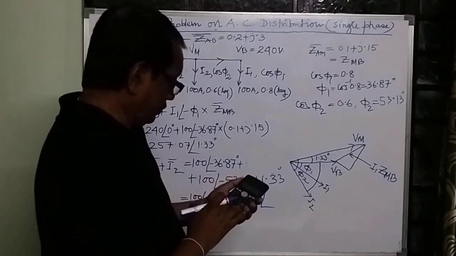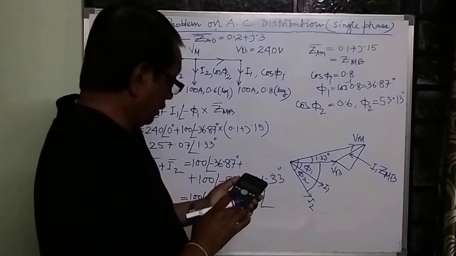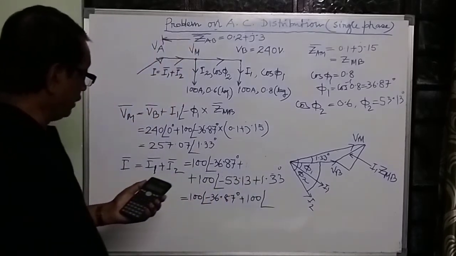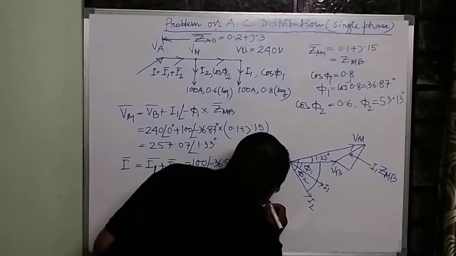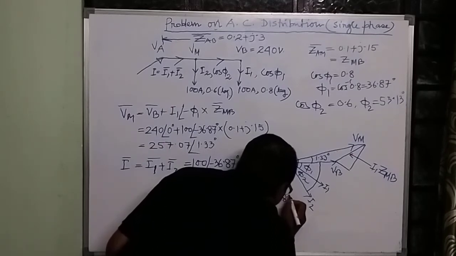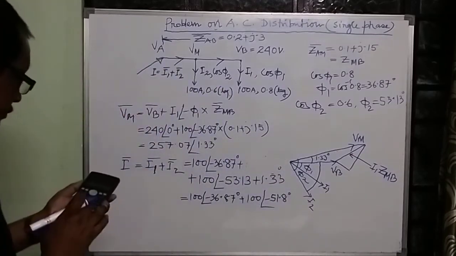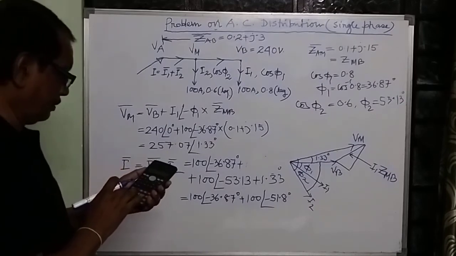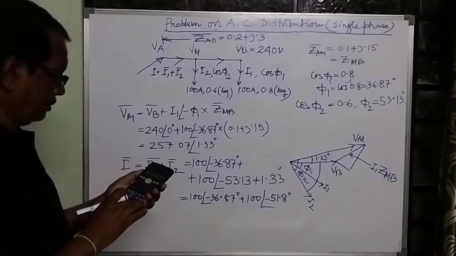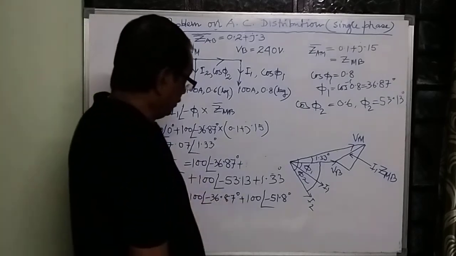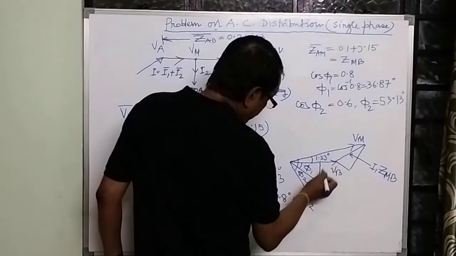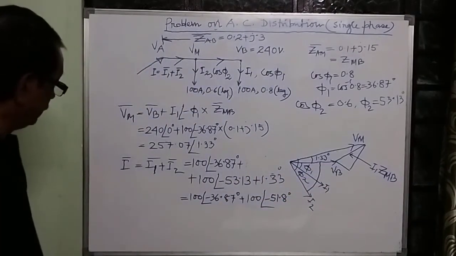So this is 51.8 degree. There is also a plus sign. So from this to this the angle is 53, and from this to this the angle is 51.4. Now we draw this.